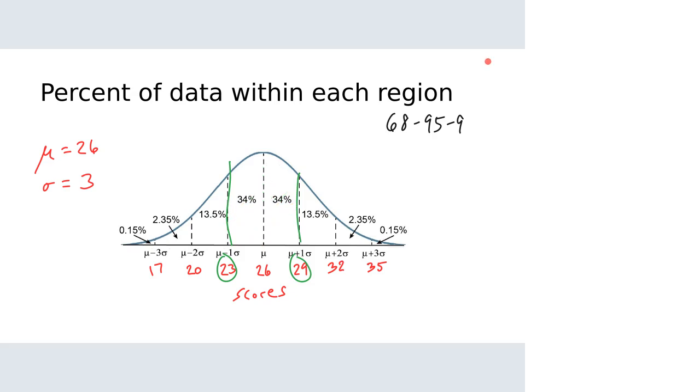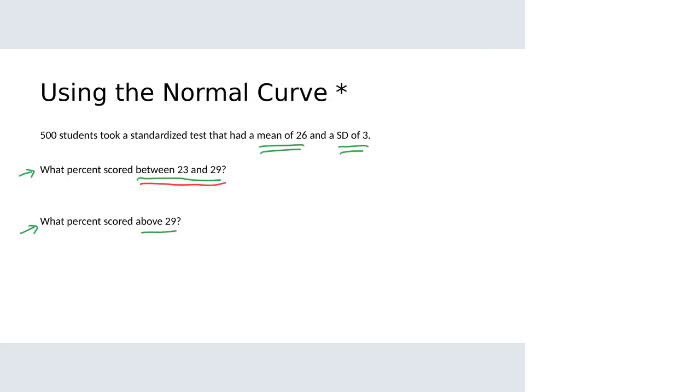So that's those two pieces, which is 34 plus 34, 68%. Honestly, that's just the straight 68, 95, 99.7 rule: between one standard deviation below and one standard deviation above, we know we're going to have 68% of the data.